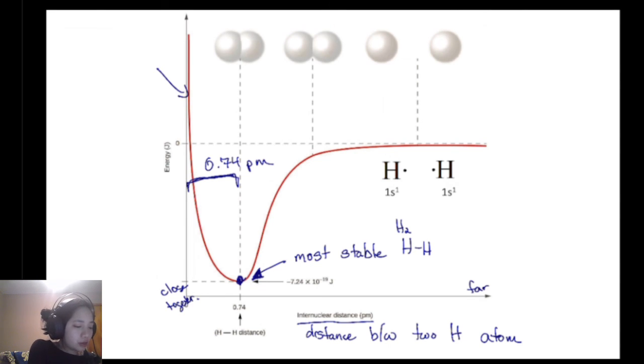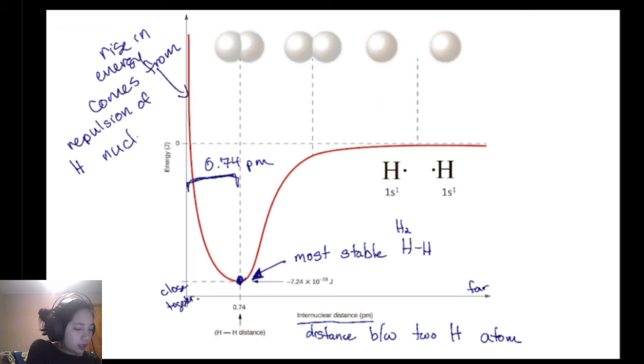So this rise in energy comes from repulsion of the H nuclei, the two hydrogen nuclei.